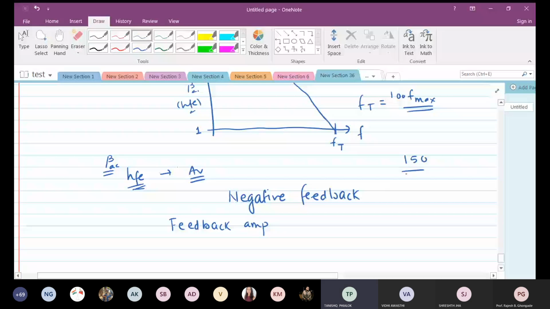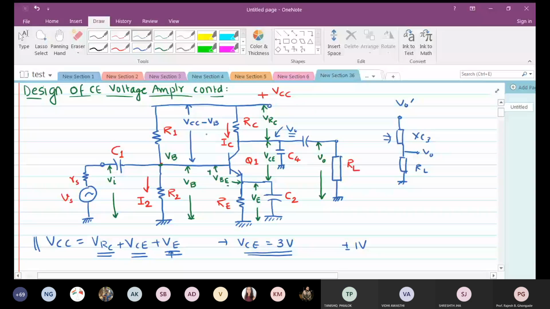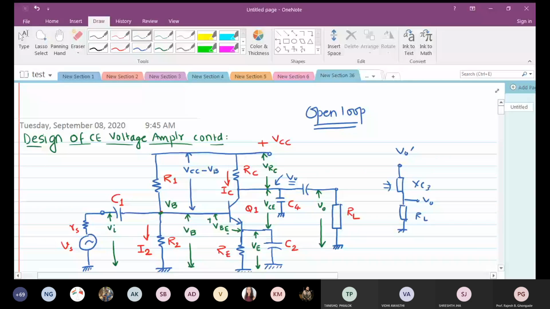Okay. And that is the reason why I say that amplifiers are not used in this configuration. This is called the open loop configuration. There is no feedback. Output voltage is not fed back to the input, and that is the reason why it is called an open loop amplifier, and open loop amplifiers are not used at all.